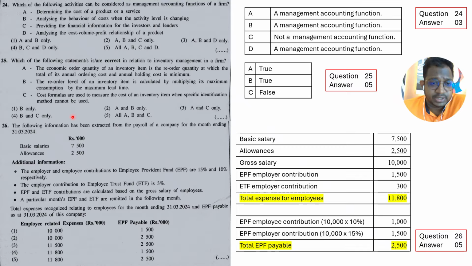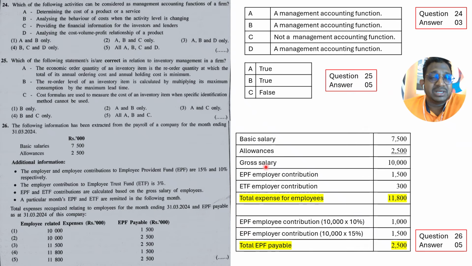And the 26th one, the following information has been extracted from the payroll of a company and additional information is given. Then they ask for the employee related expense. Basic salary plus allowances, your gross salary is 10,000. And to that, you have to add the employer contribution for EPF and ETF.